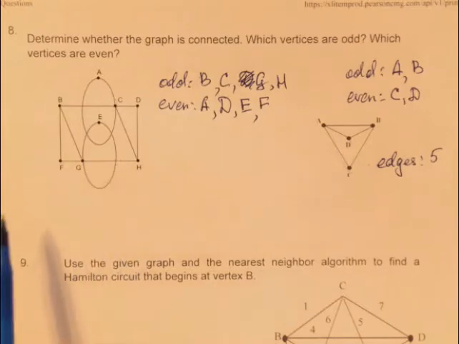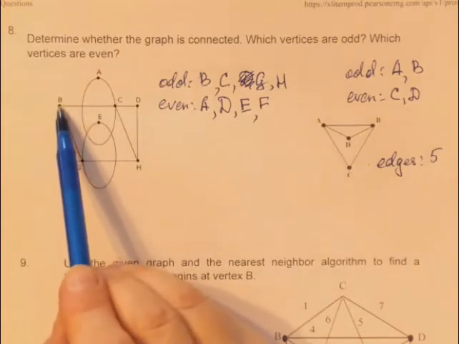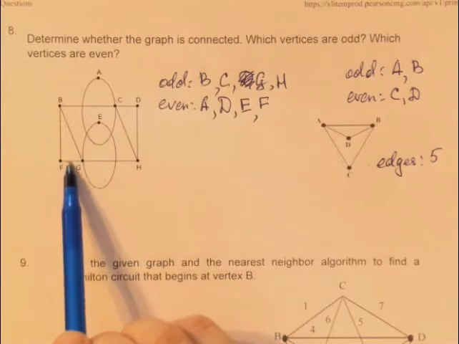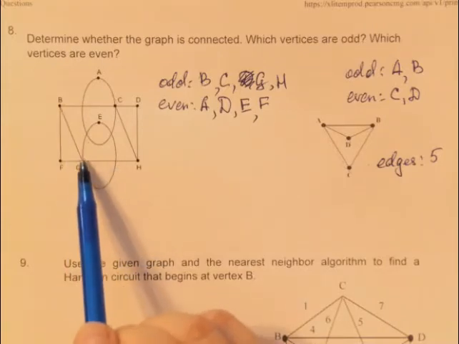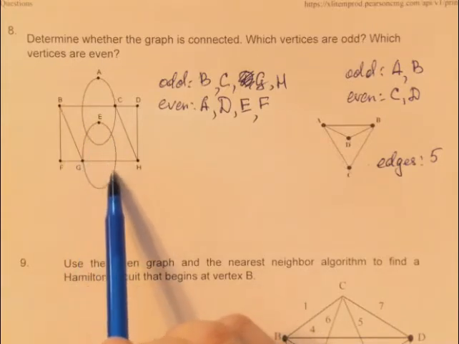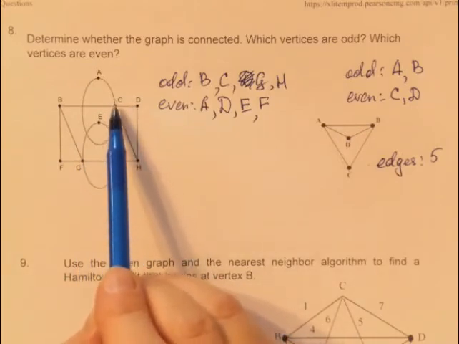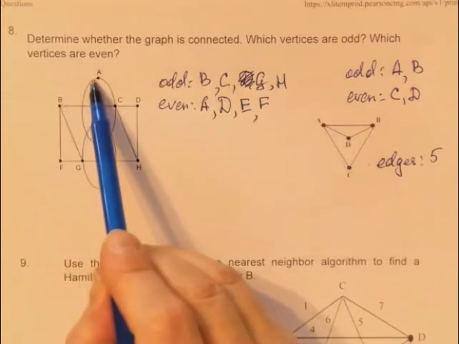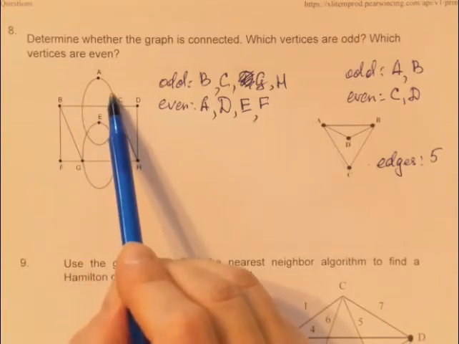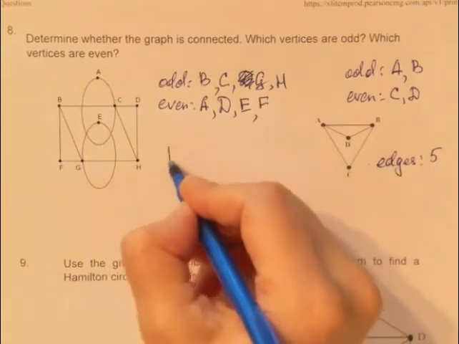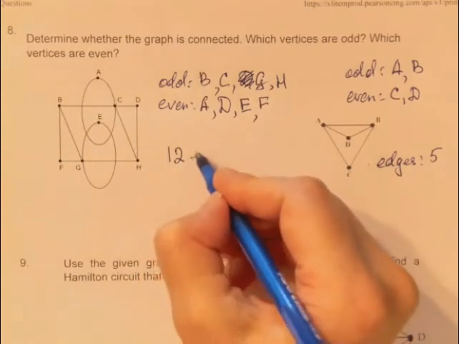Here, for example, it's not a vertex. So be careful. 1, 2, 3, 4, 5, 6, 7, 8, 9, 10, 11, 12. 12 edges.